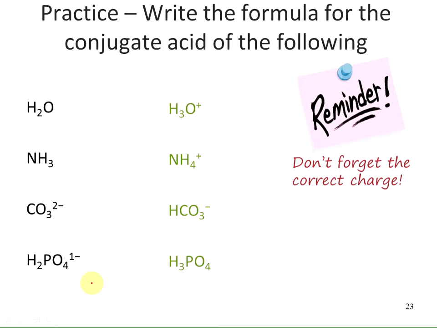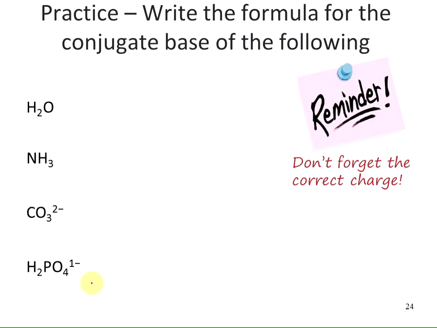Now let's write the conjugate base from the same set of molecules. So remember, for the conjugate base, we need to remove an H+. So if we're looking at water, we would form hydroxide when we remove the H+ or the proton. If we removed a proton from ammonia, it'd form NH2-.